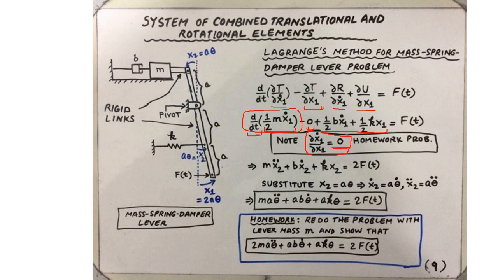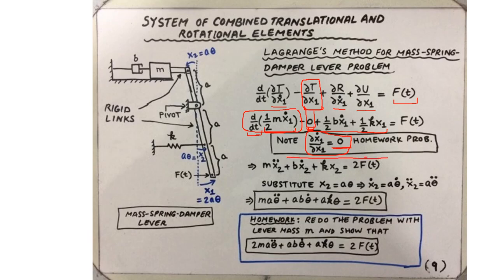So if you can show this identity, then you can show that partial derivative of kinetic energy with respect to x1 is actually 0. Simplifying this expression gives us an expression, and obviously the right hand side of the Lagrange is equal to capital Q, which is just force.